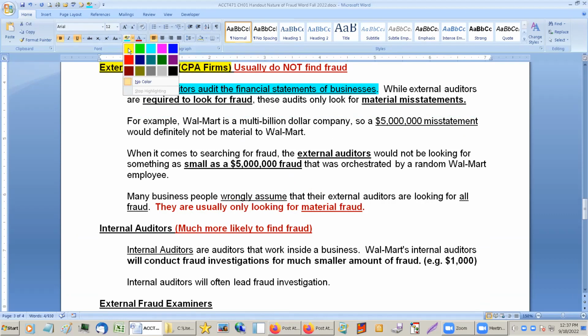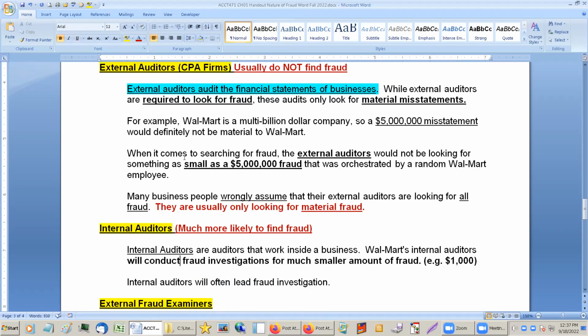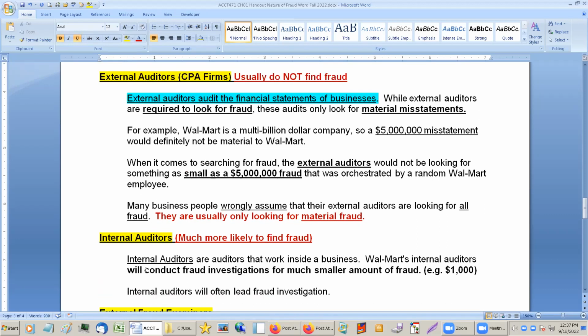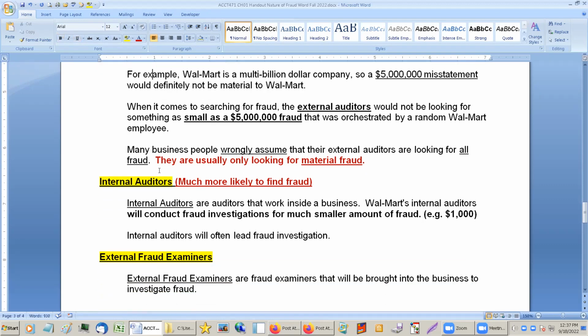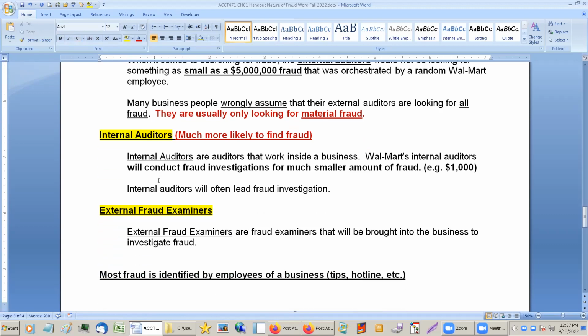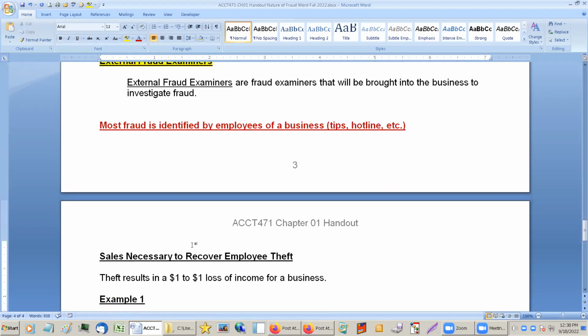So if all of a sudden Tom is driving a new car that is way beyond his means, a Ferrari or something, it's not going to be apparent to the external auditors, probably the internal auditors, or the external fraud examiners. They don't know his background, and whether that's an unusual thing for him to have or not. So a lot of times other employees will say, wait, how does Tom have all this money all of a sudden? Okay.